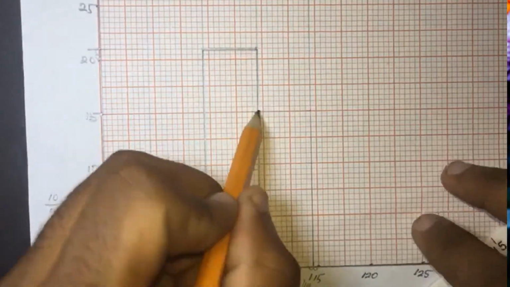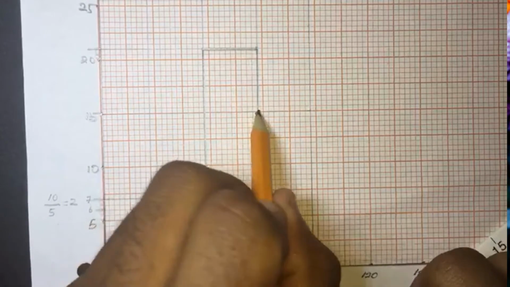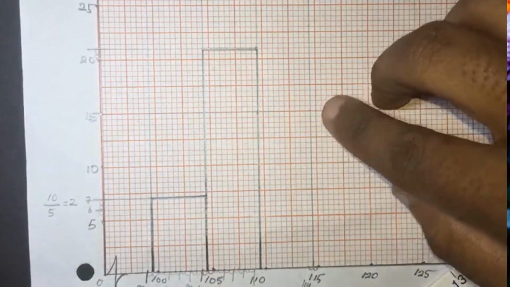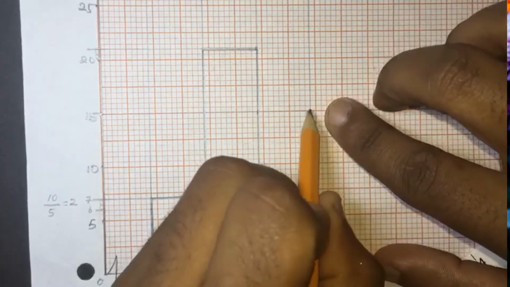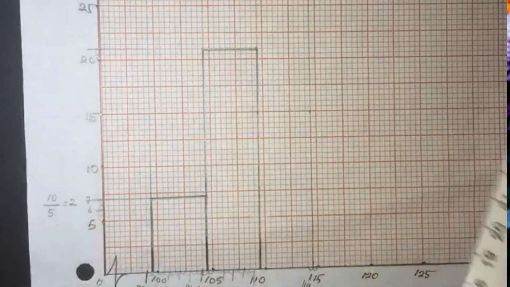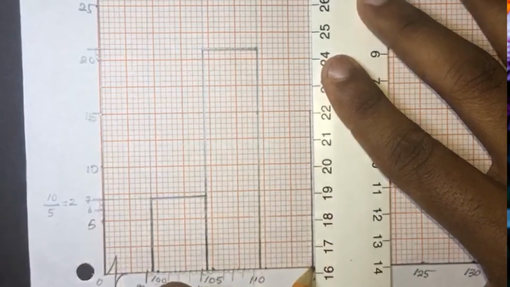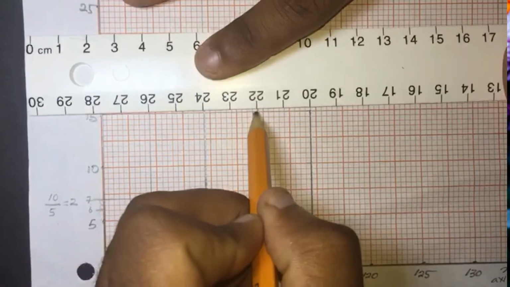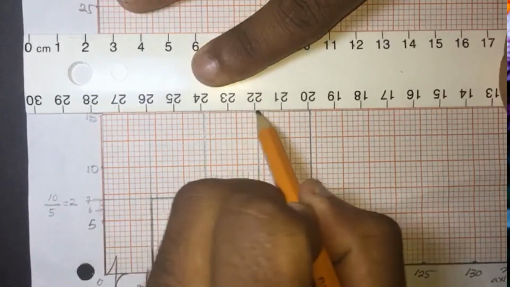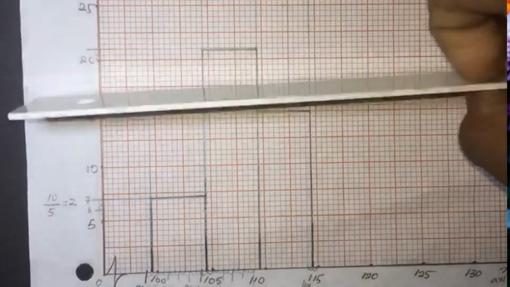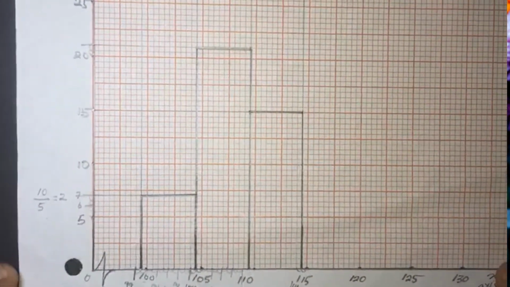So it touches 109.5 right here, and it touches 114.5 right here. What I'm going to do again is brighten these lines. There you go. And here we go. And that's basically it for our histogram.